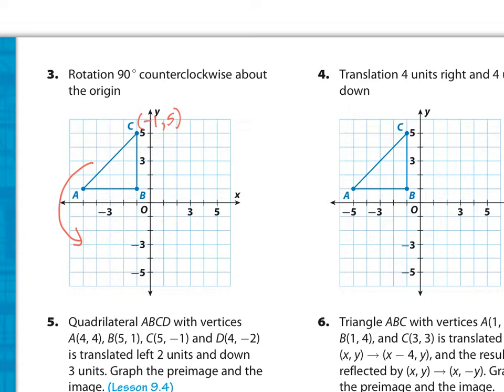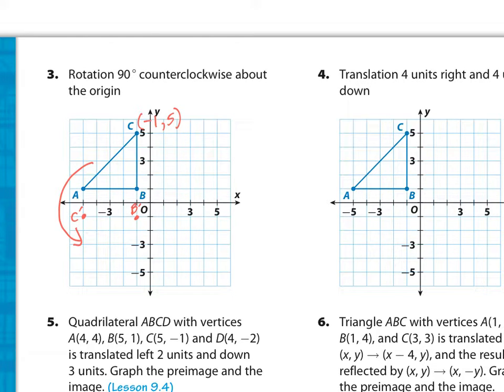And so you know that all the points down here are -x and -y. So if you know that's negative and negative, then if you swap these numbers, it's going to be a -5 and a -1. So it's going to be right here. There's my C prime. Okay, point B is going to end up right here. B prime, I mean.